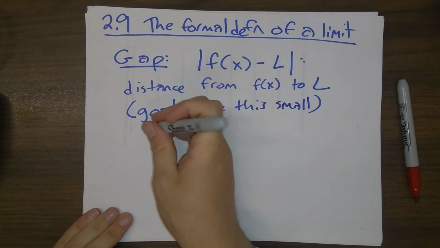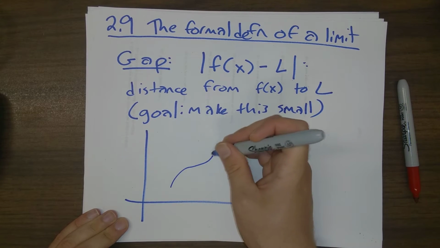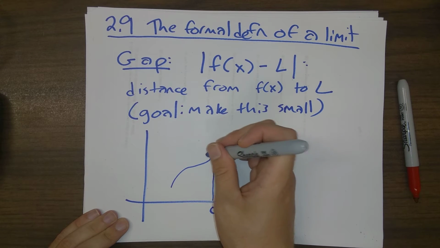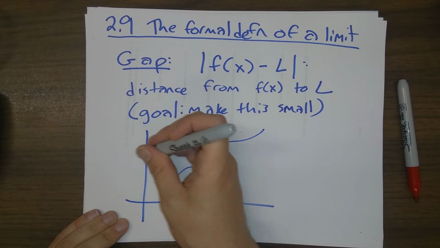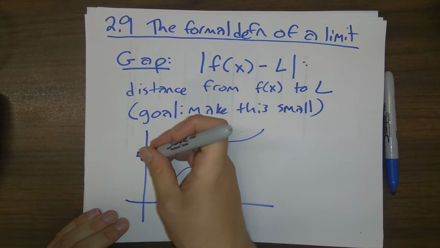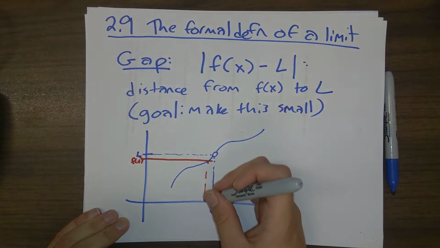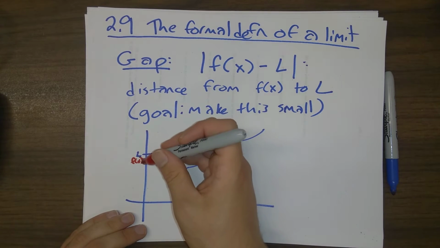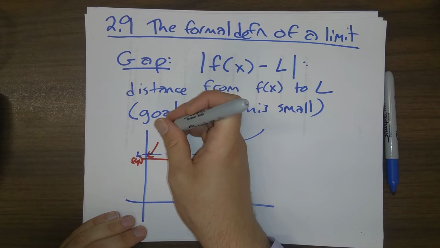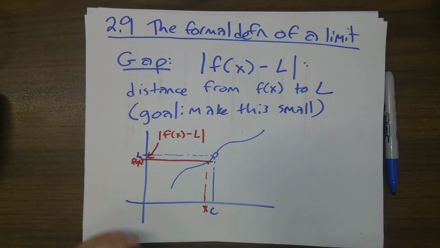So, drawing out a picture, if we are here at c, we're trying to show that the limit is equal to L. Our goal is, if here is our f of x, at some value of x that's close to c, we want the absolute value of f of x minus L, that teeny tiny distance there, to be small.